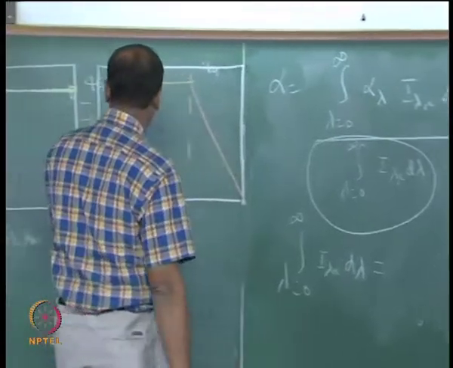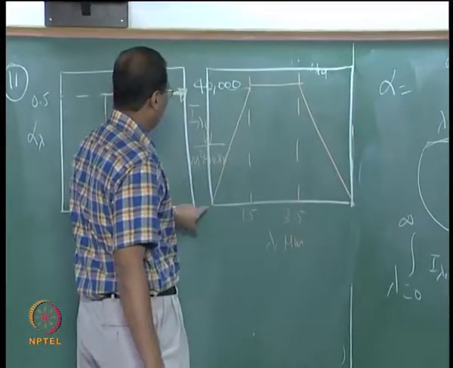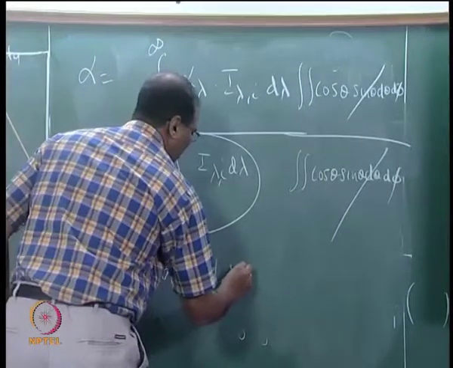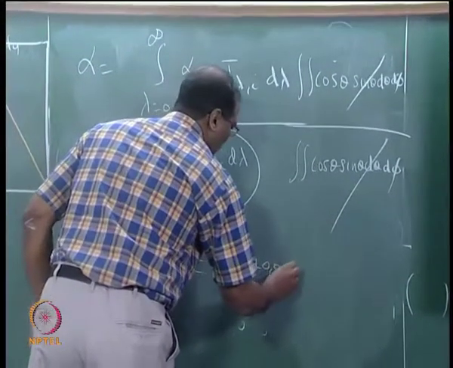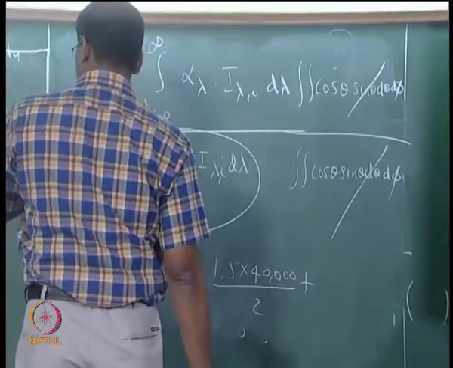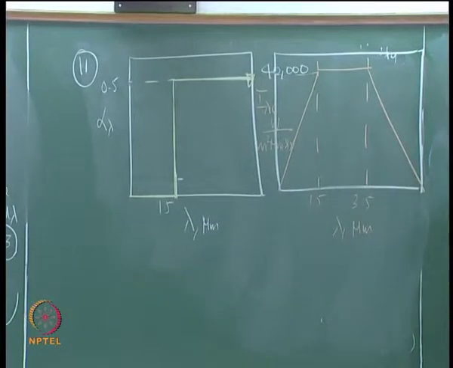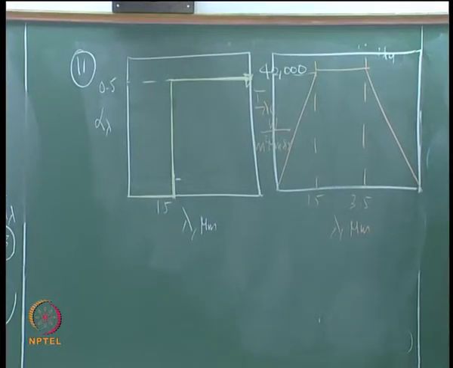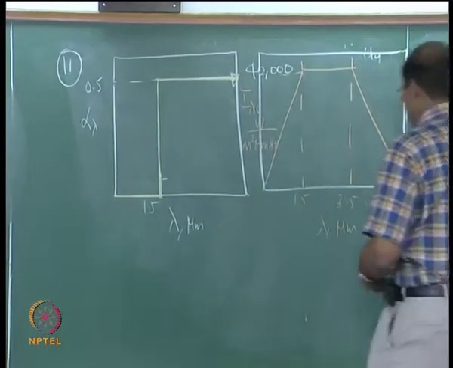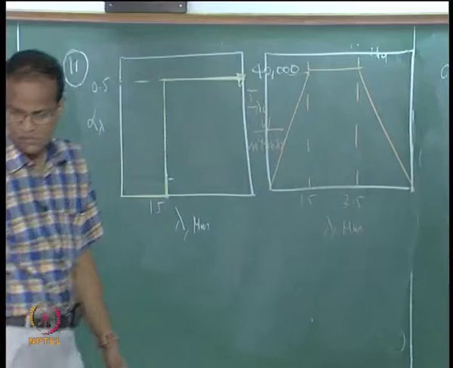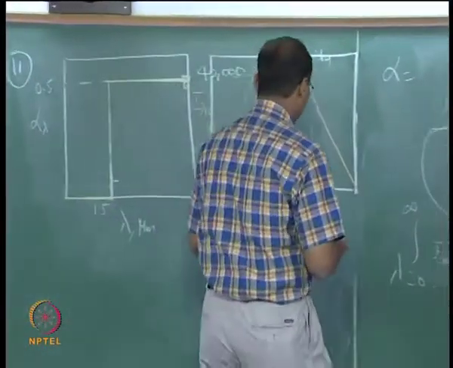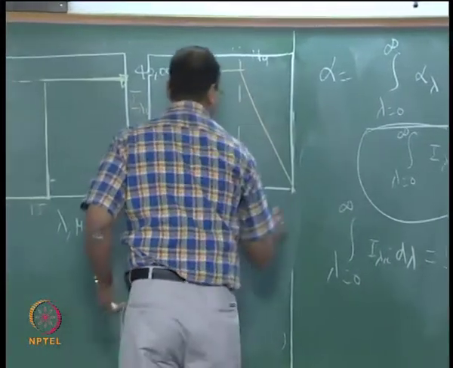Area under the curve: 1.5 into 40,000 plus 80,000 plus, I did not give you this value. What did you take it as? You just took it. Okay, we will take it as 5, that is good.